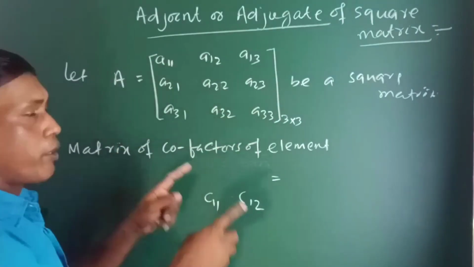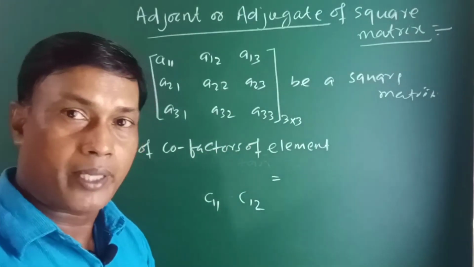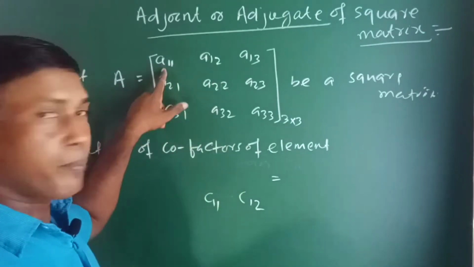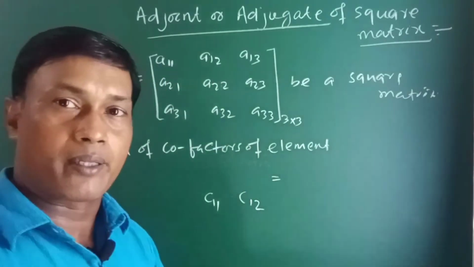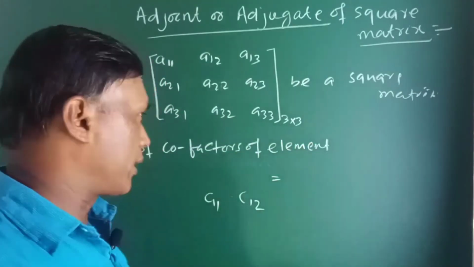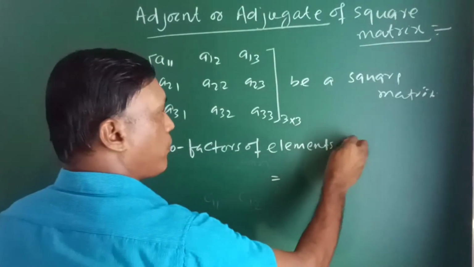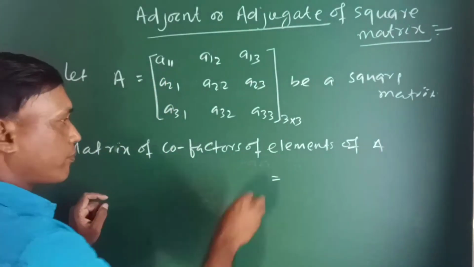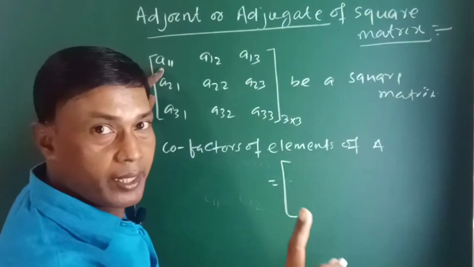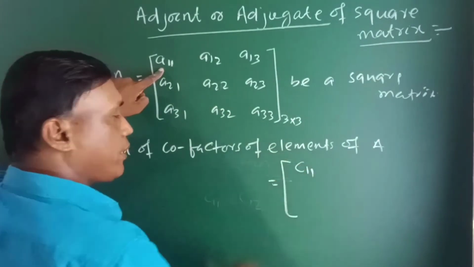Here is the matrix of elements A11, A12, A13 like this. But you have to form a matrix where there will be no elements, but in place of elements there will be the cofactors. एलिमेंट नहीं रहेंगे वहाँ एलिमेंट्स का कोफैक्टर्स रहेंगे. Look here, matrix of cofactors of elements of A is equal to, first is A11, but here A11 नहीं रहेगा, A11 का कोफैक्टर, and the cofactor of A11 is C11.